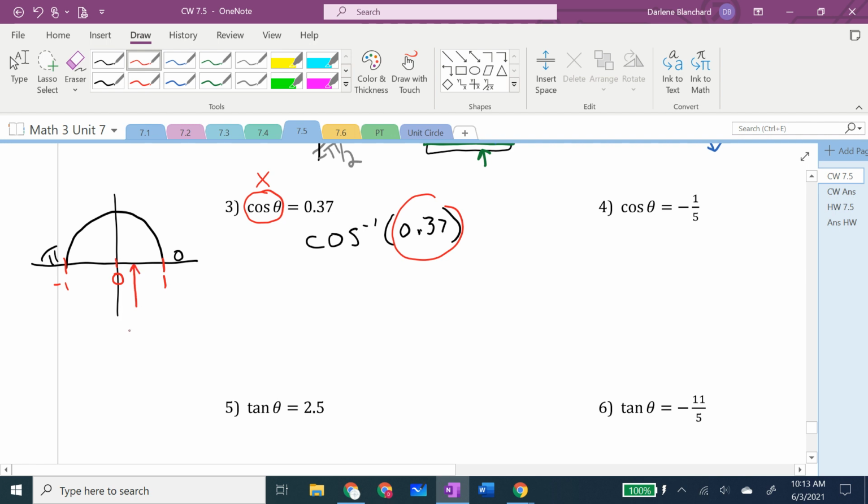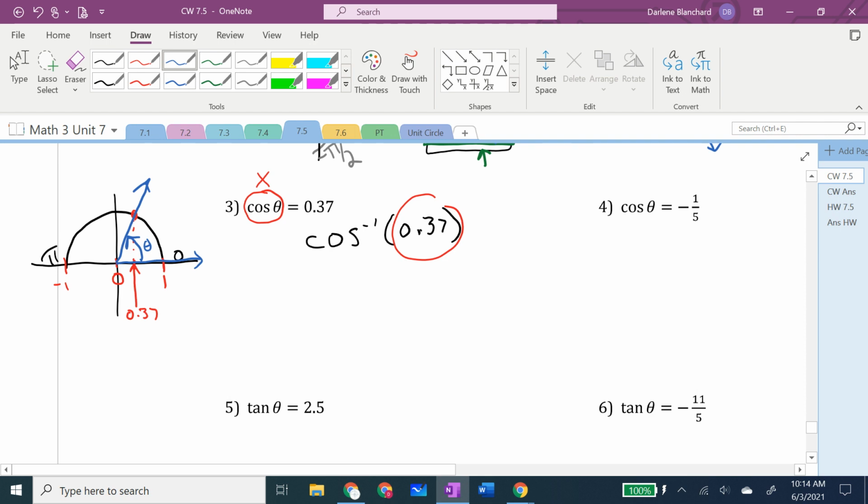I'm going to estimate about there-ish. And on this circle, the only angle who has a terminal side through that specific point is initial side, terminal side, whatever this turn is. That is what my calculator is going to tell me.